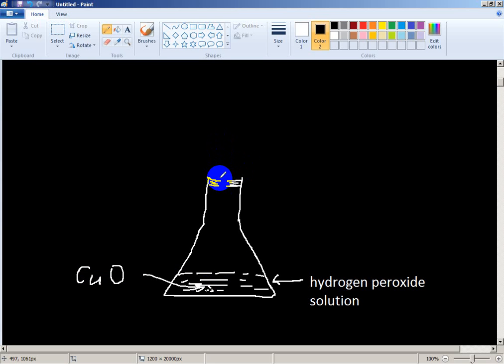I take this gas by a pipe. Okay, this is not drawn smoothly because it is not easy to draw here.